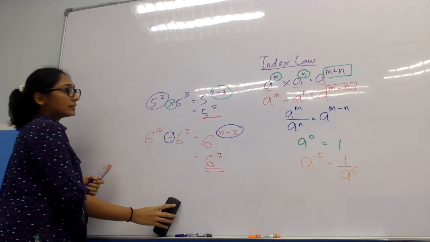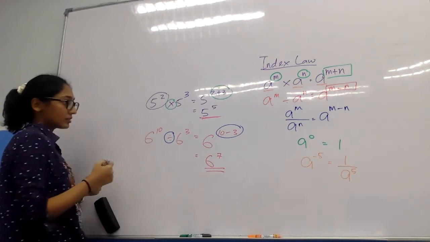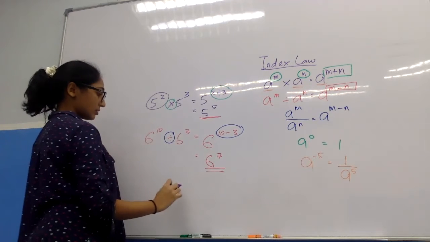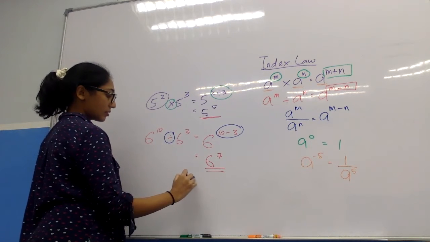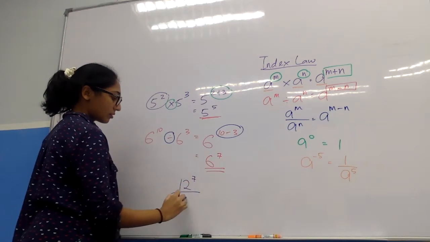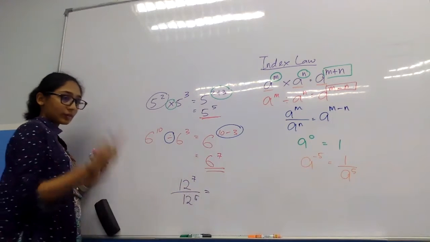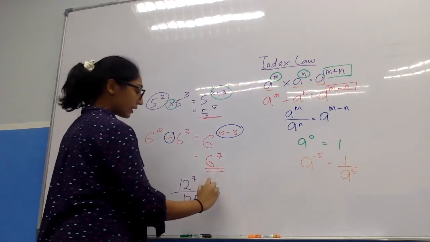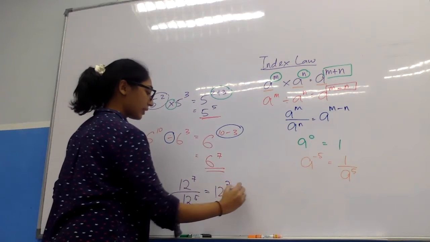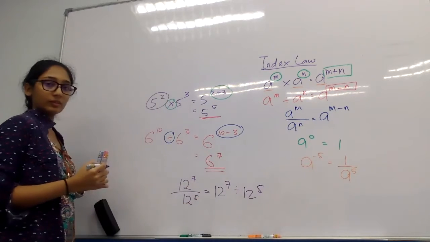Now, what if the question is like this? It's like a fraction. Now remember, if it's a fraction, it also means divide. This is another way of writing 12 to the power of 7 divide 12 to the power of 5.